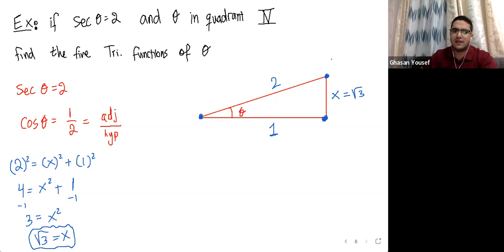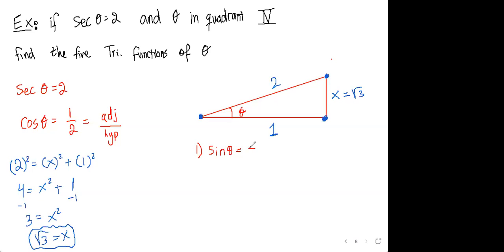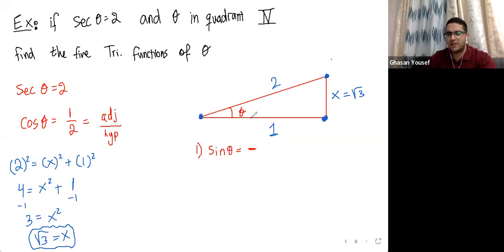So now I can easily find the other trigonometric functions. First of all, number 1, the sine of theta. The theta is in quadrant 4. Will the sine function be positive or negative in the fourth quadrant? Negative, correct. Now you can find the sine from the right triangle.